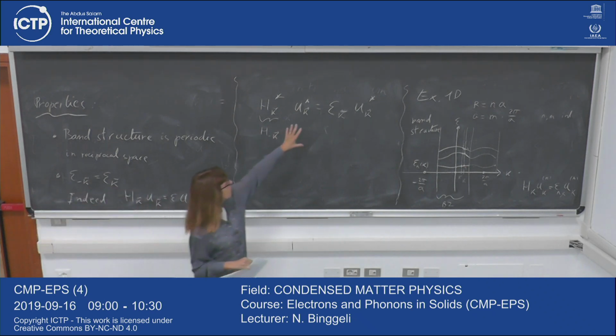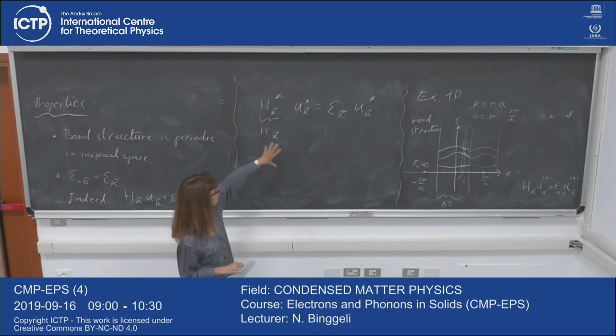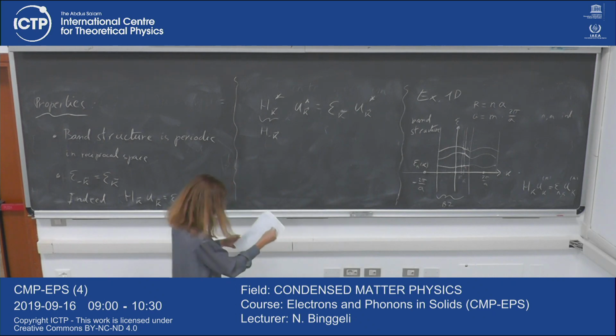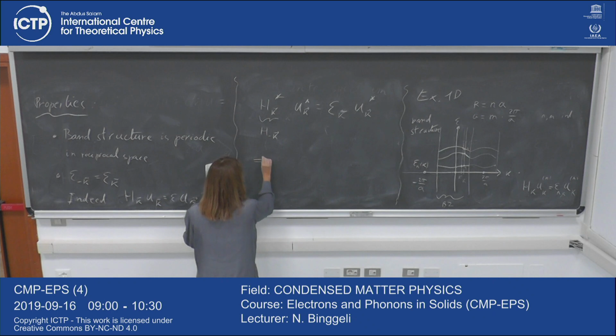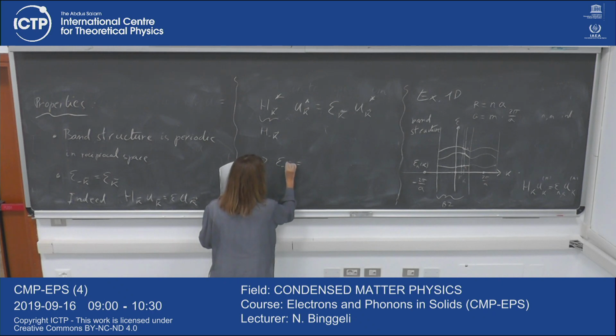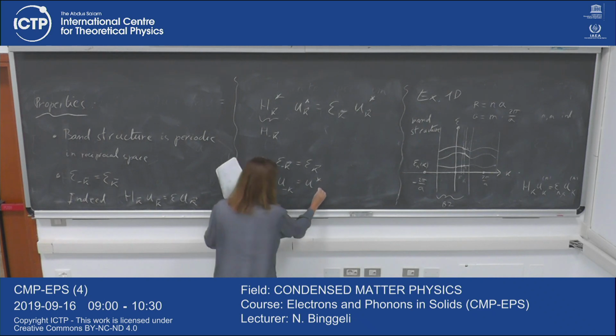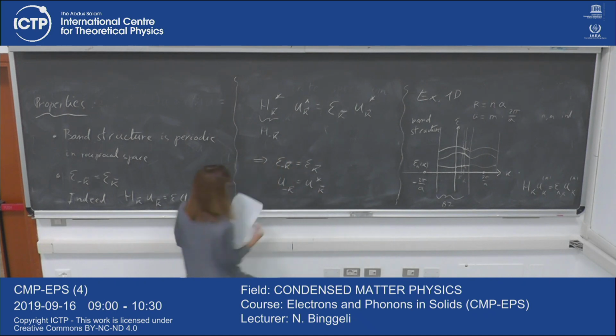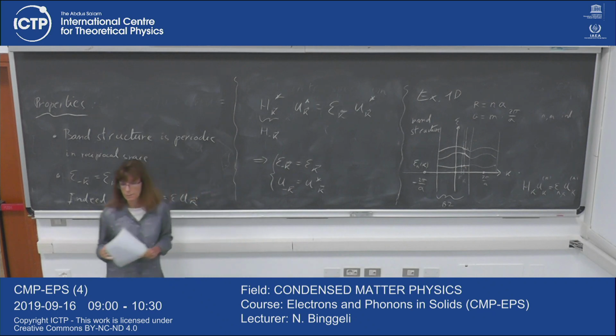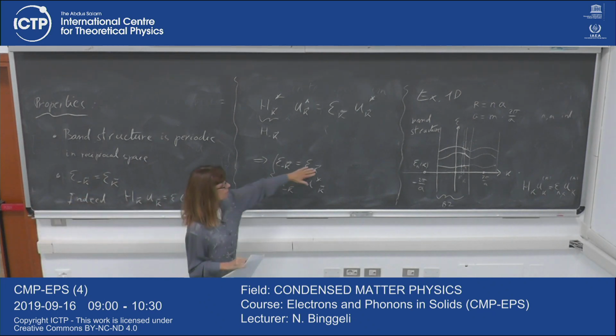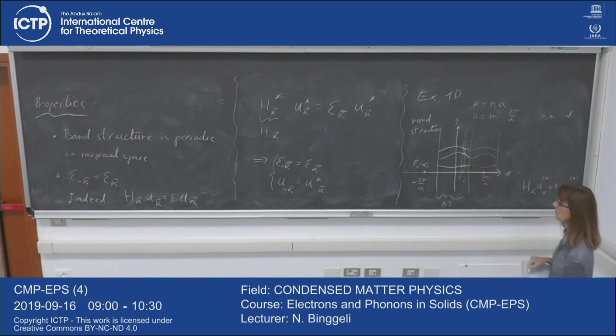And therefore here you have an equation for h of minus K, and these are the eigenstates with eigenvalue epsilon of K. So you find from here that the eigenvalue for the h of minus K is epsilon of K. So epsilon of minus K is equal to epsilon of K, and the eigenstate u of minus K is equal to the complex conjugate of u of K.